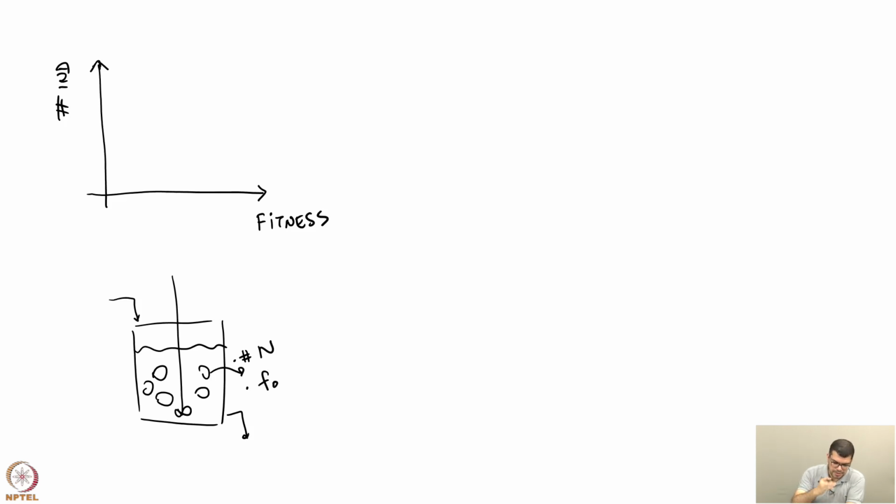If I were to represent this population in a graph like this, I would identify the point f naught here, and the total population size in this chemostat is n, and hence the state of the population at this particular moment looks like this: there are n individuals with fitness f naught, and there are no other individuals with any other fitness level, because this is an isogenic population.